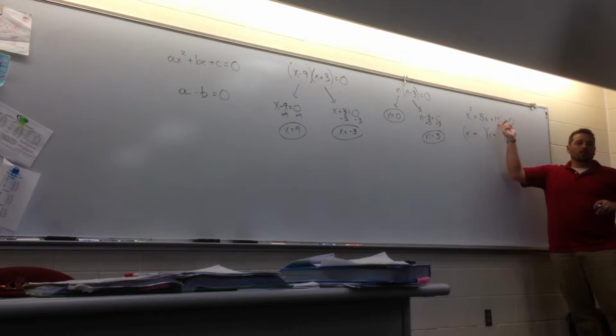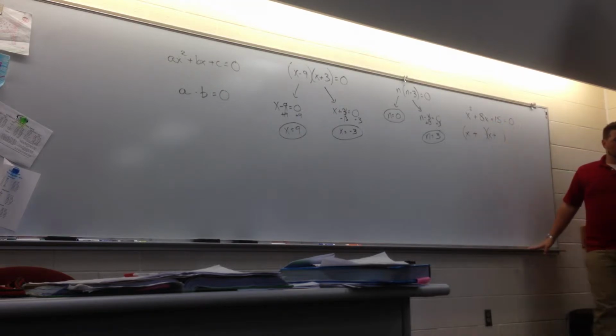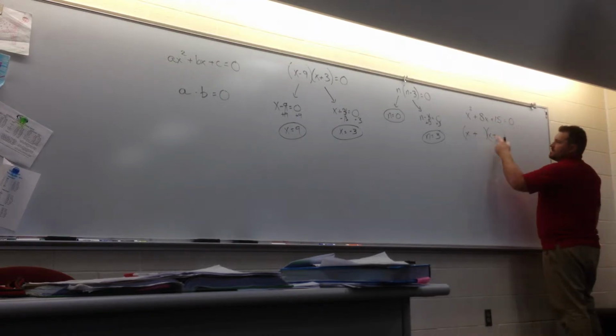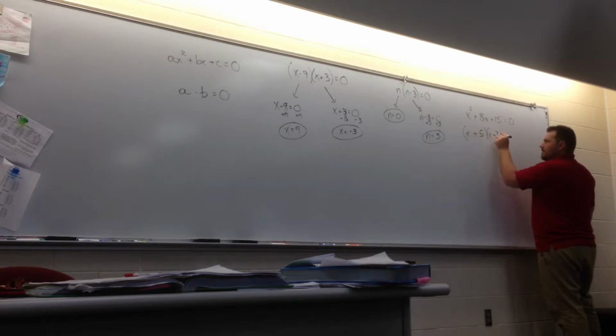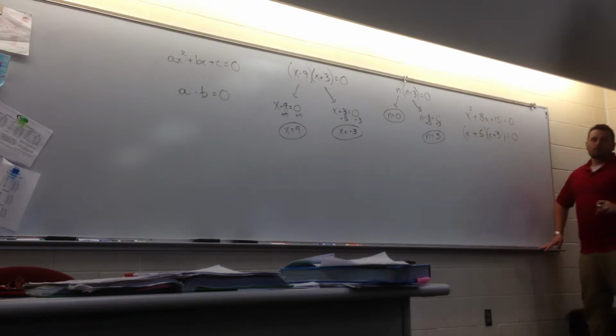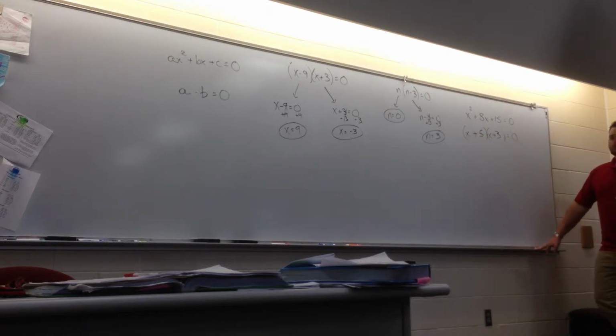Now, I want to look at my last number, the c, and see what factors of that last number I can combine to get to the b. So what factors of 15 would combine to get 5 and 3? And since the signs are the same, it doesn't matter what order I put them in. Okay?